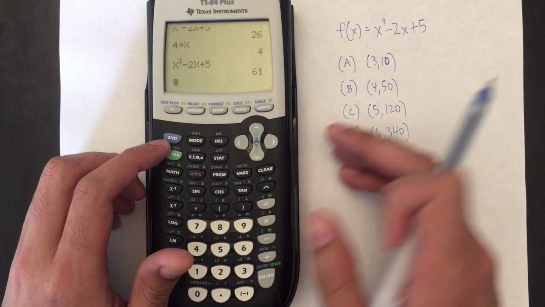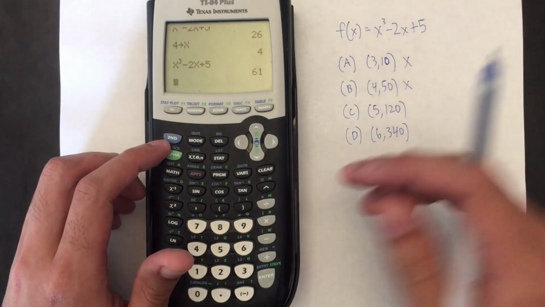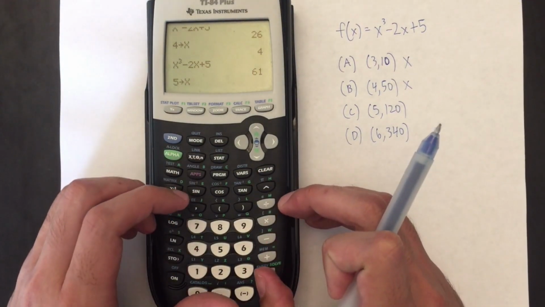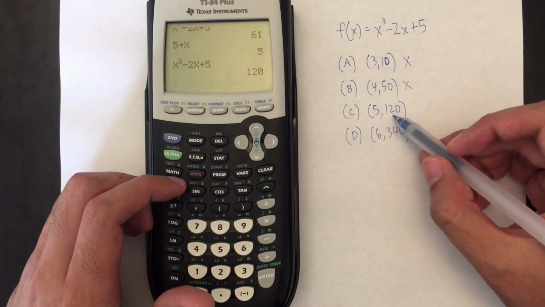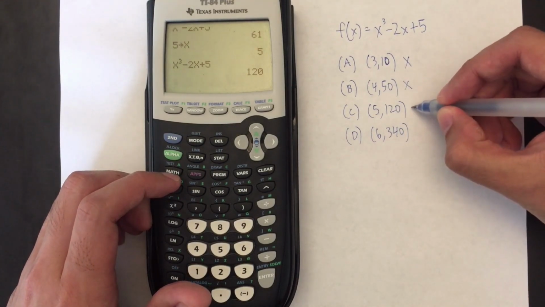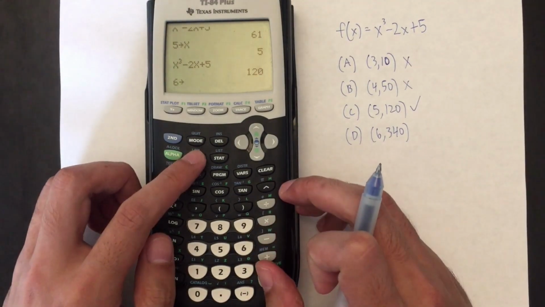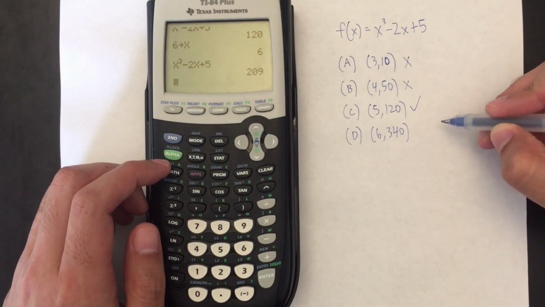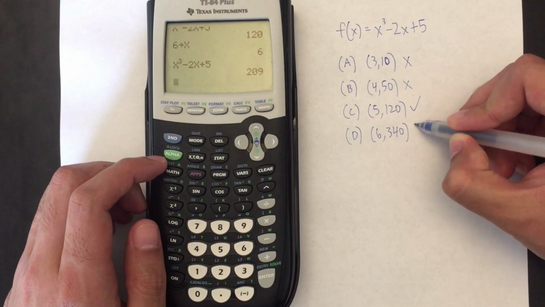We get 61, which is not 50, so I know the answer is also not B. Moving on to C, we store 5 into x, scroll up, evaluate the expression, and we get 120, which does match the y coordinate in the answer choice, so I know that the answer is C. And for the sake of completeness, we'll store 6 into x, evaluate the expression, and we get 209, which is not 340, so I know that the answer is not D.